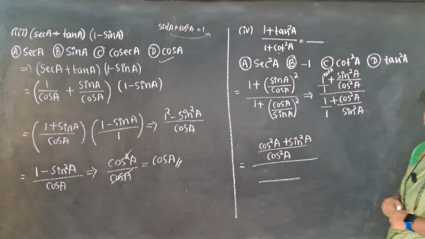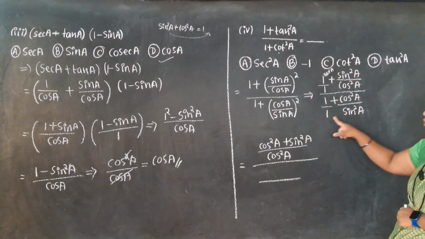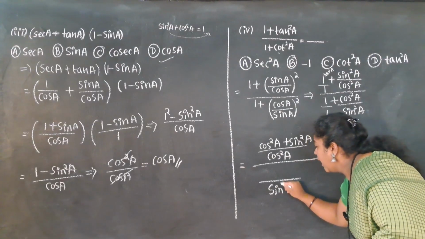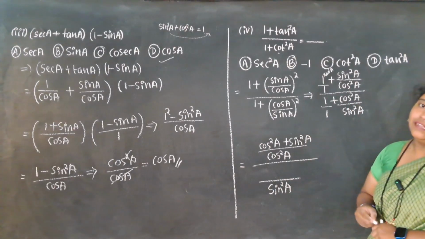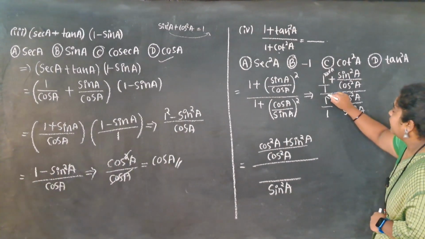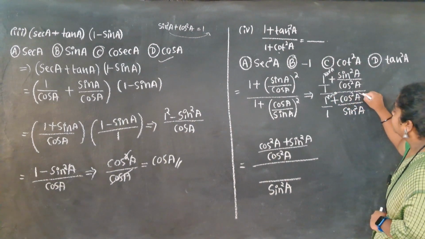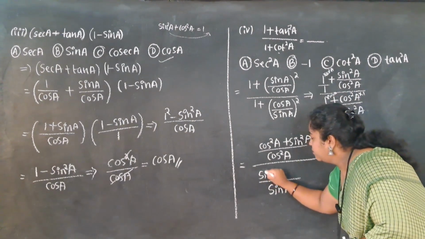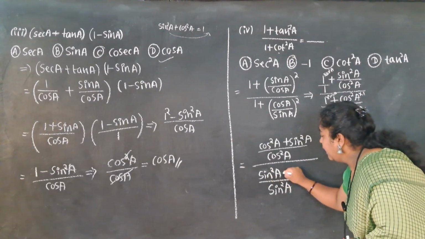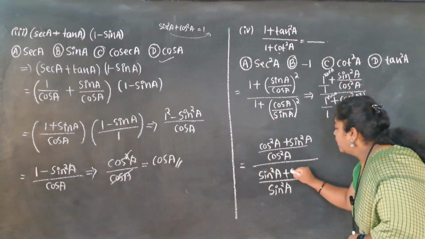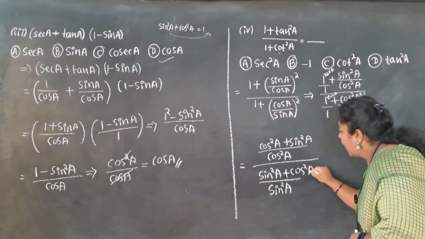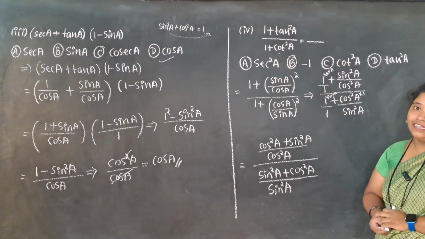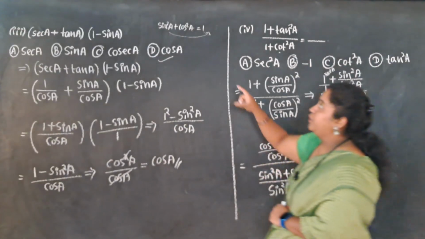What is the LCM of the denominators, dear? 1 and sine square A, so LCM will be sine square A. 1 into sine square A is sine square A plus cos square A into 1 will give me cos square A. Understanding? And you have to remember the trigonometric identity. Which is the trigonometric identity you need to remember?